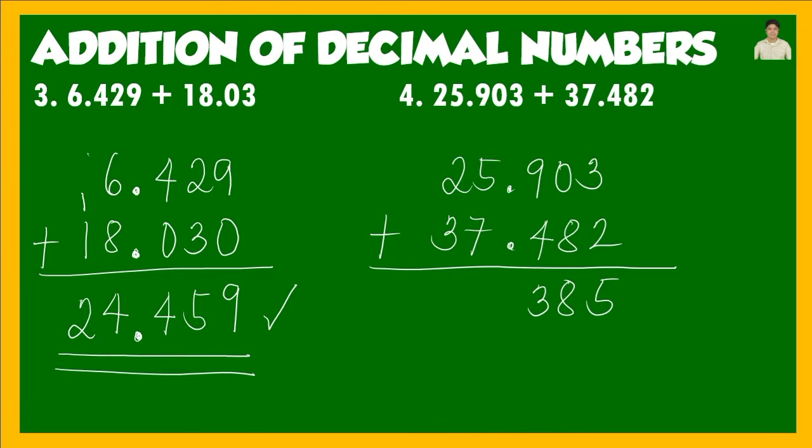So, we will write 3 and then carry 1. 5 plus 7, 12. Plus 1, 13. So, isulat natin 3 and then carry 1. 2 plus 3, we have 5. Plus 1, 6. And then, yung ating decimal point. So, our answer is 63 and 385 thousandths.